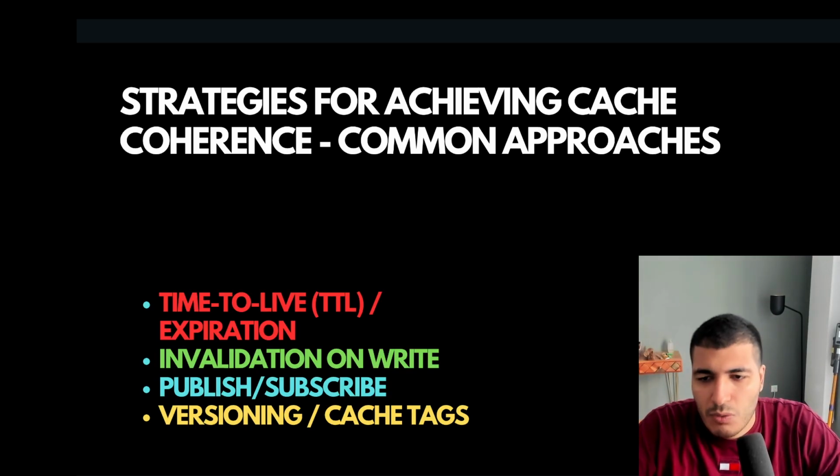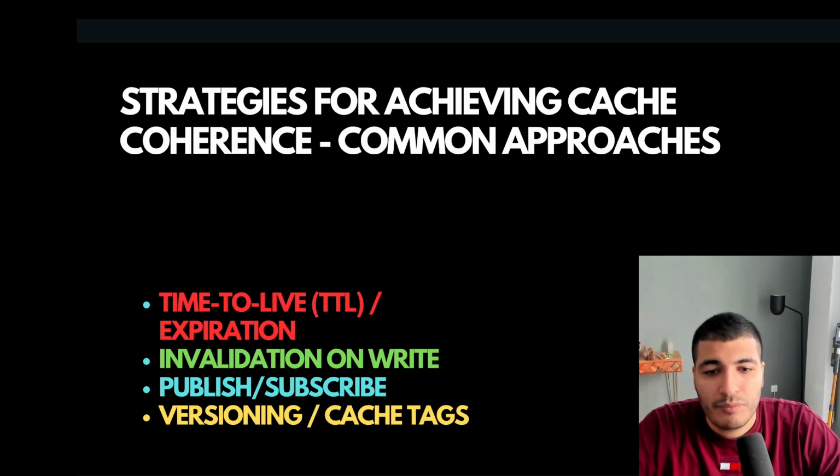The next request for that item will be a cache miss, forcing a fetch from the database to get fresh data. The coherence aspect: it handles eventual consistency. Data might be stale for the duration of the time to live, but eventually it will be refreshed. It's simple to implement and manage.